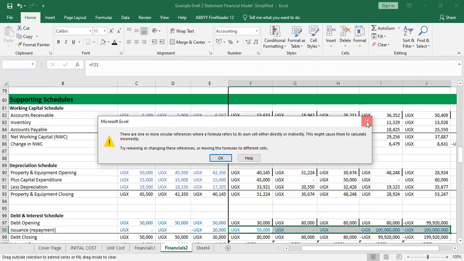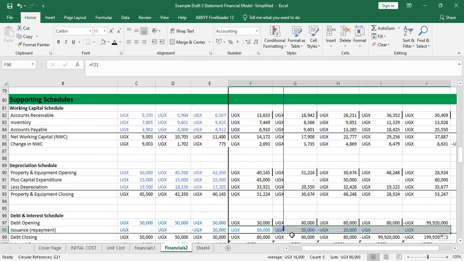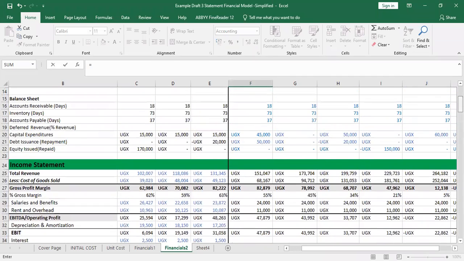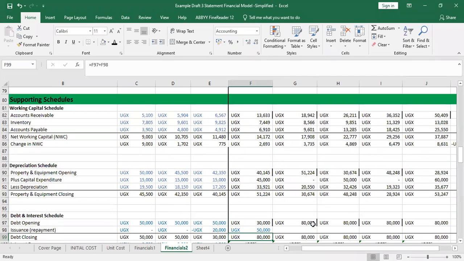Sorry, I have to delete this first. Let me remove the cell referencing. When you see that blue line, it means I've repeated some formulas under it, so I need to delete it first. I'm just going to pick it directly from top. There you go. And stretch it.